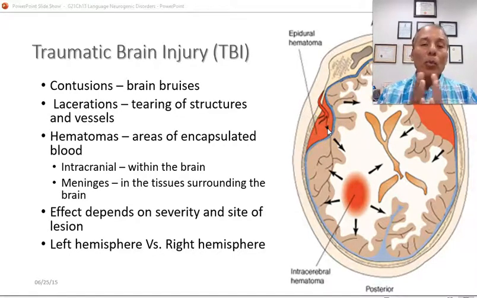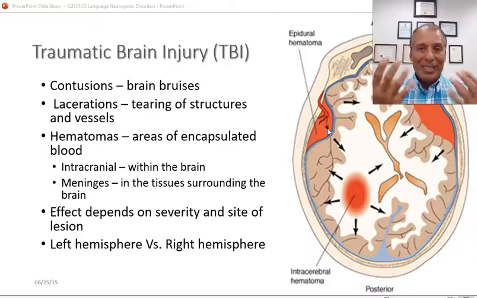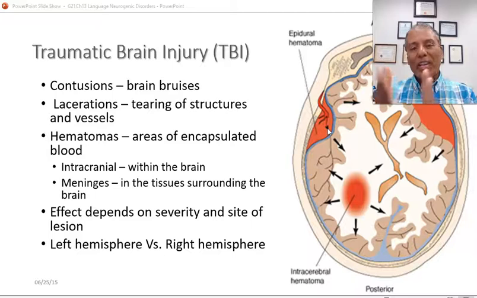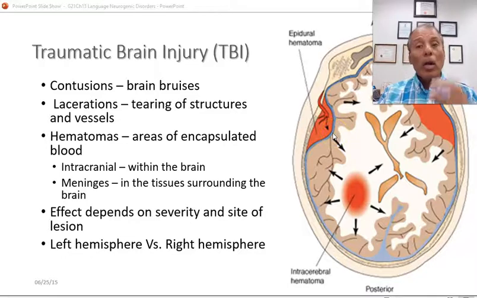And remember, the brain is like the consistency of toothpaste. So that means that you are causing shearing of these axons and tearing and severing of connections and causing a lot of damage, depending again on the extent and the size of the hematomas.